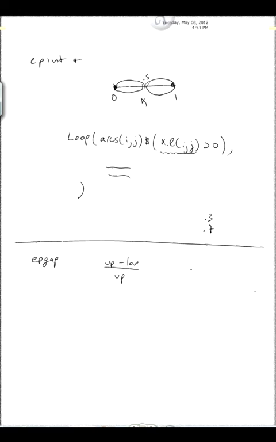And so if we set EPGAP to 1, that means that this upper and lower bound can be very far away from each other, and Cplex will say that it arrived at an optimal solution. But if you set the EPGAP to 0, then the upper and lower bound essentially have to be equal to each other before Cplex thinks that it has an optimal solution.